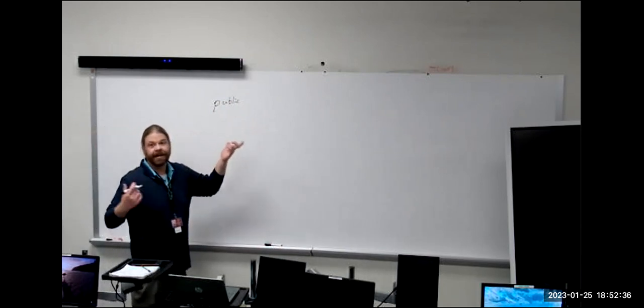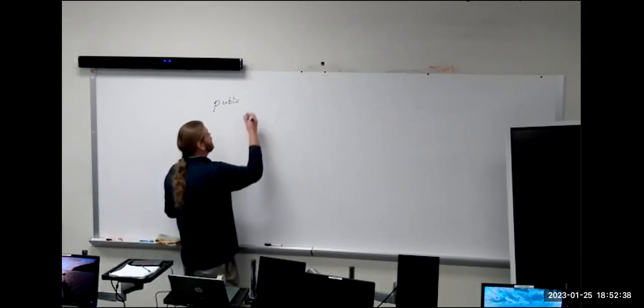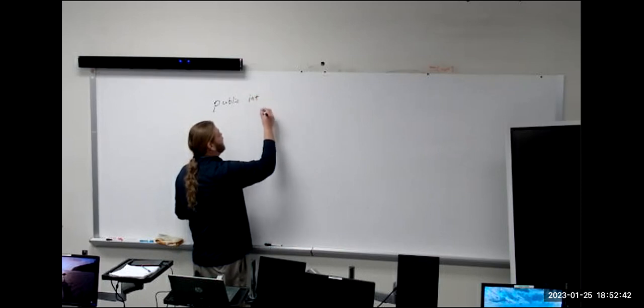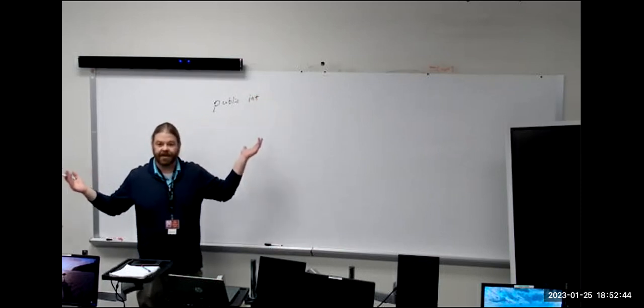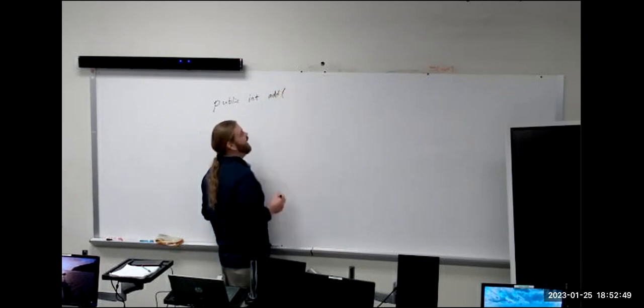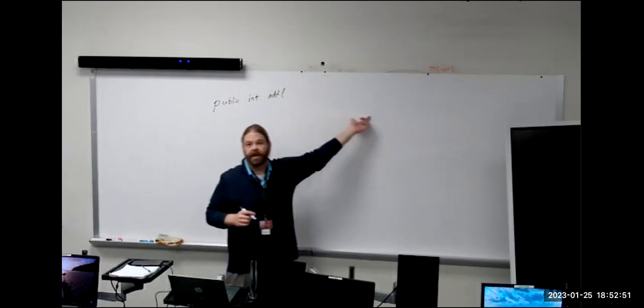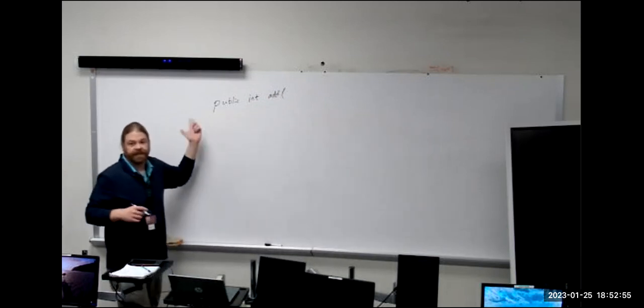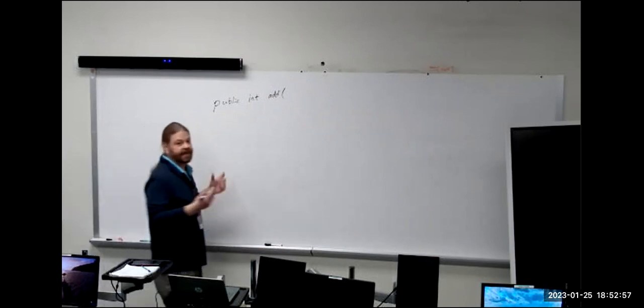So we're going to write a method that adds numbers. So a public, well, if we're going to add a couple integers, we get back an integer, right? So it's going to return an integer. We'll call it add. And then when we set up the parameters, that's why I went with Java, strict types, we have to say what type it is.